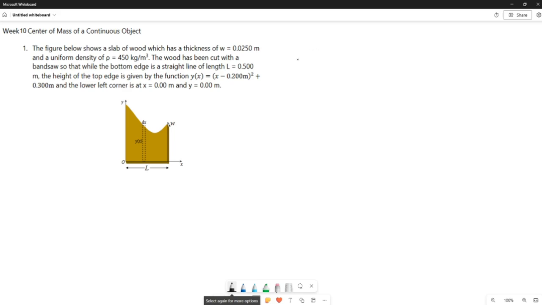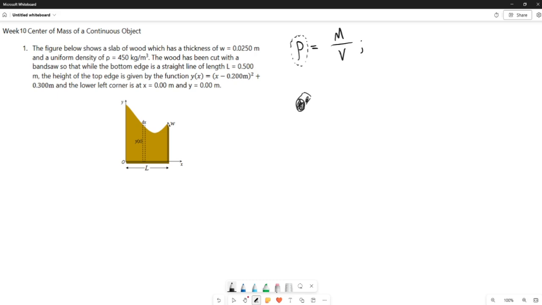We know density, or mass density, rho, is generally written as the total mass over the total volume. But in our assumption of a continuous object or a rigid body, if the object has a uniform density, it means that in any small volume you pick, you'll find the same amount of mass.